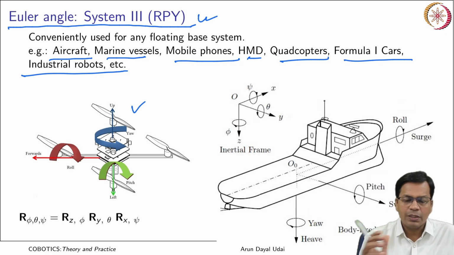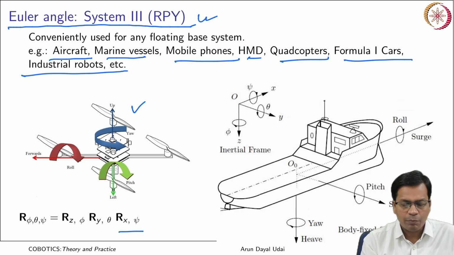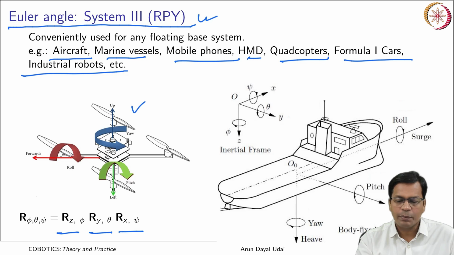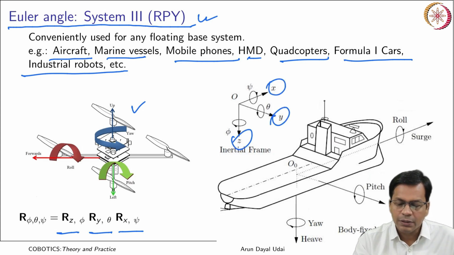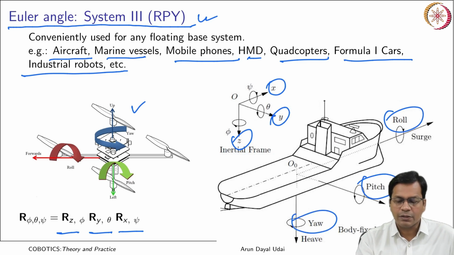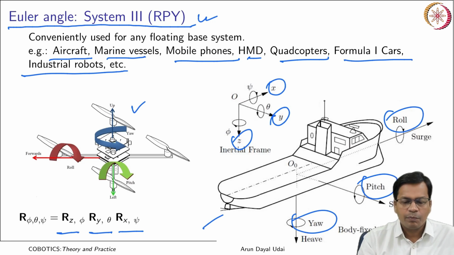In this case all three rotations are with respect to the global frame. So rotation about x, rotation about y, rotation about z are known as the roll, pitch and yaw axes. So this is x, this is y, this is z: roll, pitch and yaw axes. This is shown with respect to a ship, but it is also applied with many other floating-based systems.